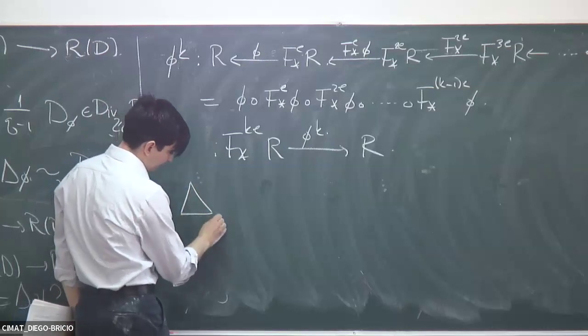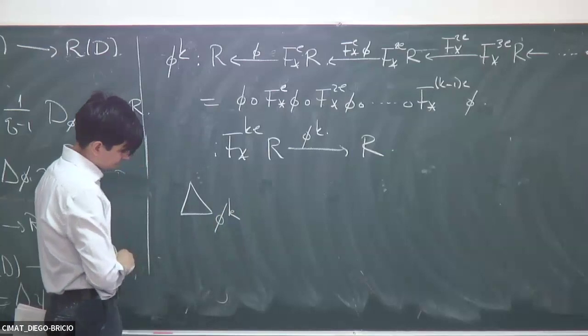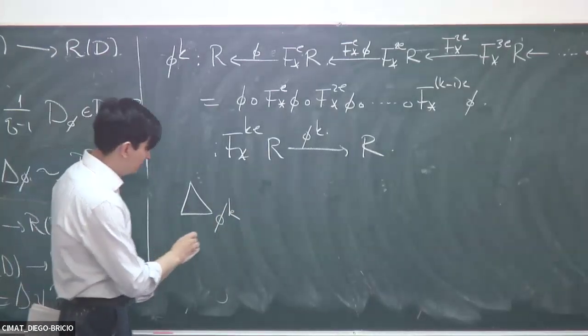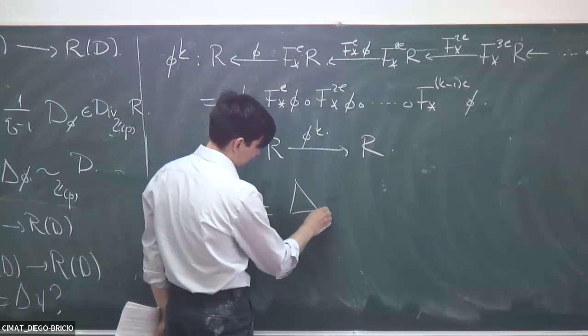Delta of phi^k is going to be equal to delta phi.